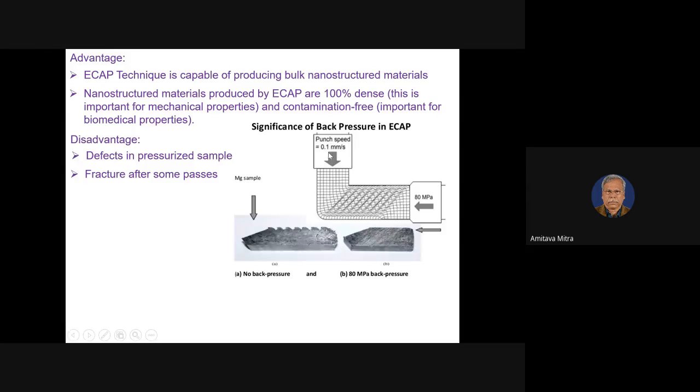So we are giving a punch through this, and giving an extra pressure from the other side. This gives an indication with this magnesium sample: when there is a crack without back pressure, and if we give a pressure, there was no fracture at the ends.